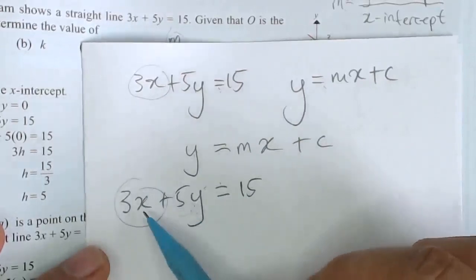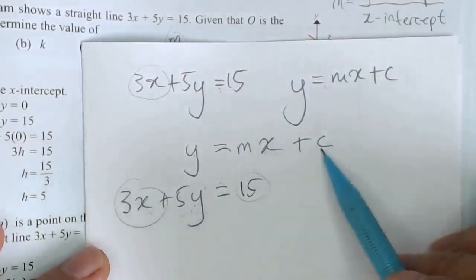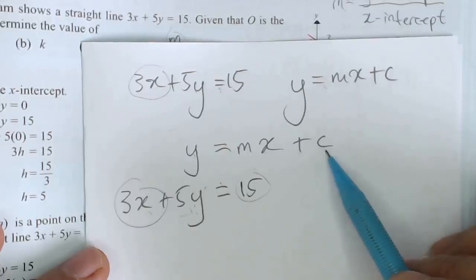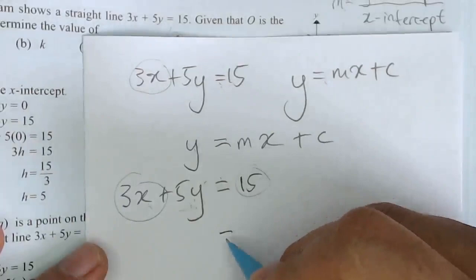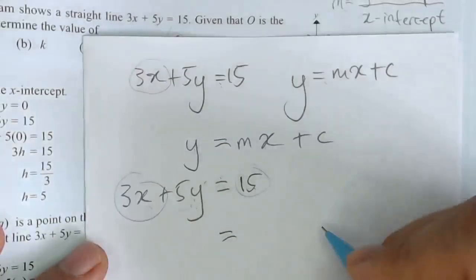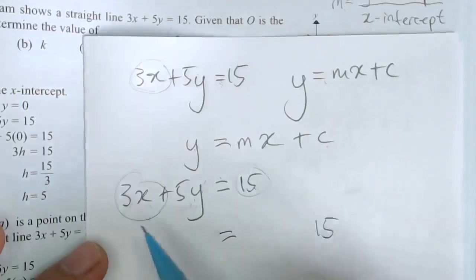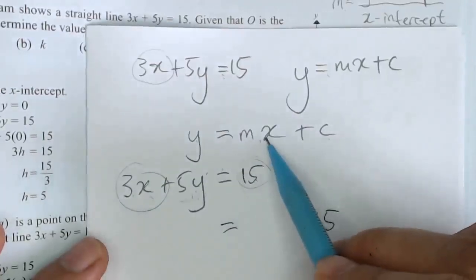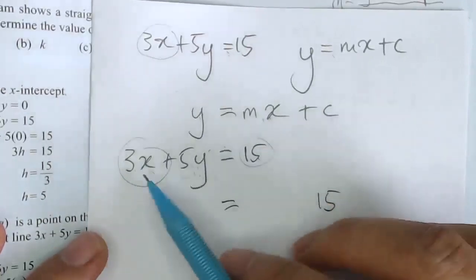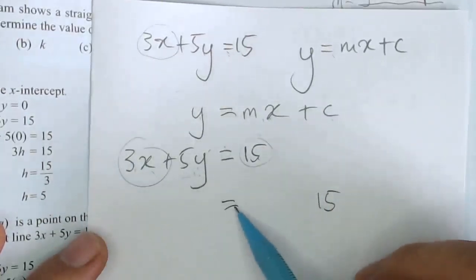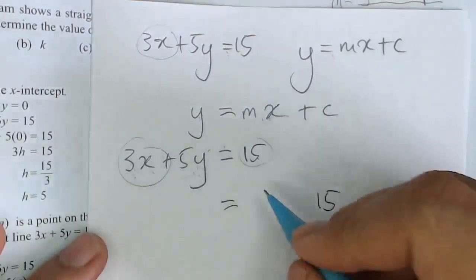Tapi 3x ni, x ni tak duduk dekat sini. 15 tarik mai duduk kat bawah C ni kan. Jadi kita adjust balik. 15 duduk kat bawah C ni, 3x ni duduk bawah x lah. Jadi maknanya kena hantar pergi sebelah persamaan, menyebabkan jadi negatif 3x.